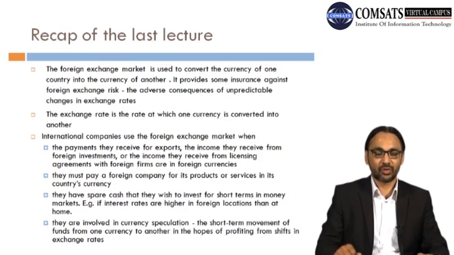It provides some insurance against foreign exchange risk and the adverse consequences of unpredictable changes in exchange rate. There are two things. The foreign exchange market is used first of all to convert the currency of one country into the currency of another country. The second is to provide insurance against the foreign exchange risk that exists across the countries.